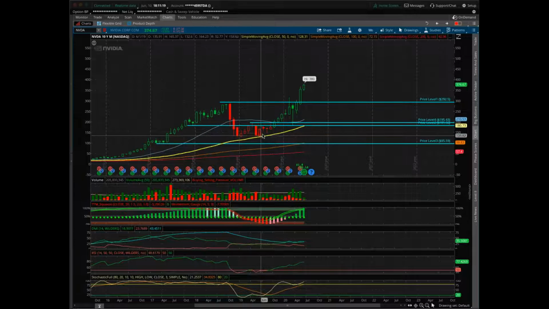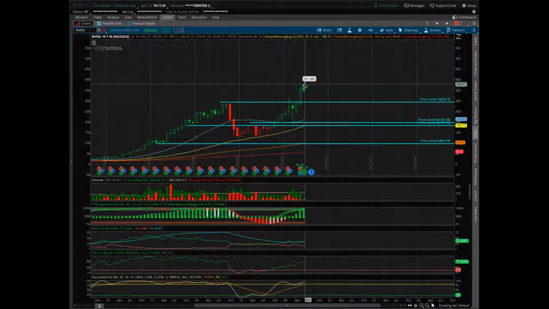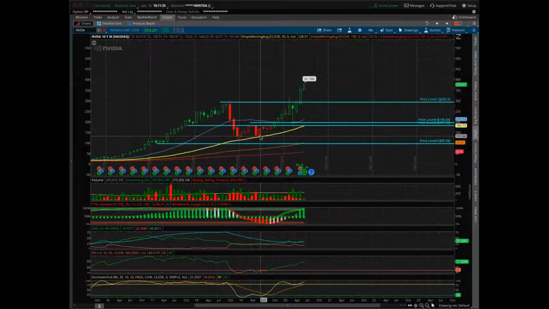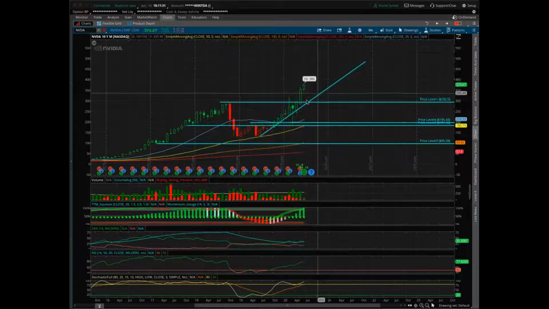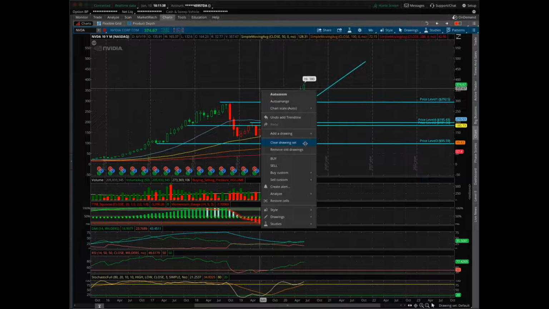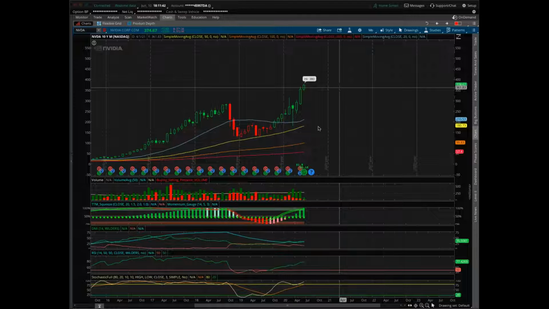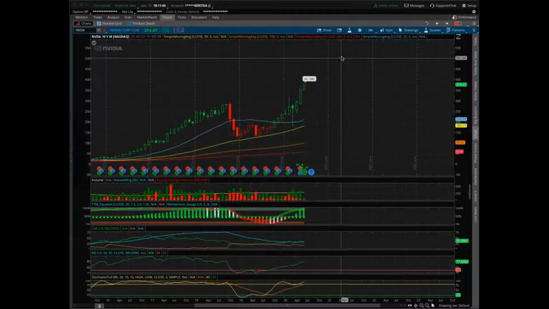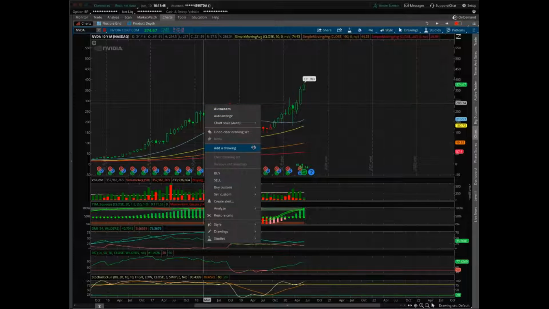So we made a low here, a low here, made a high here, made a low here, made a high here. So now this is making higher highs and higher lows, which is creating an uptrend, okay? So right off the bat, basically, NVIDIA is in an uptrend, making higher highs and higher lows. Very simple, right? All right, we did some support and resistance.